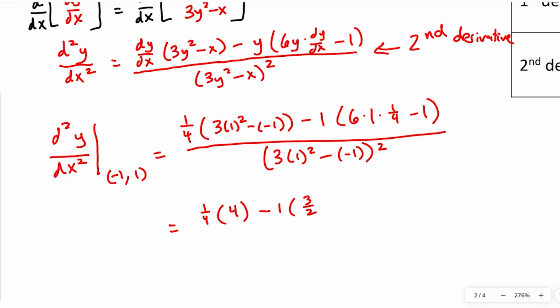Minus 1 would be 1/2. So 6/4 is 3/2 minus 1. So 1.5 minus 1 is 0.5 over 1/2. Okay, on the bottom, we've got 3 plus 1 is 4. So 4 squared.